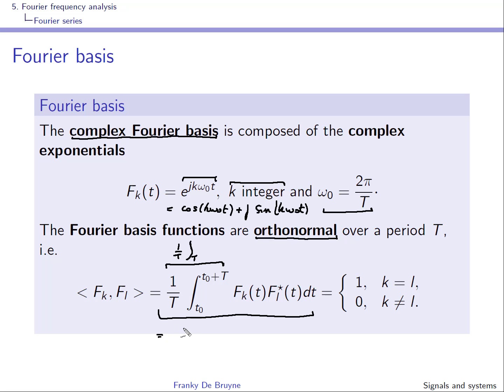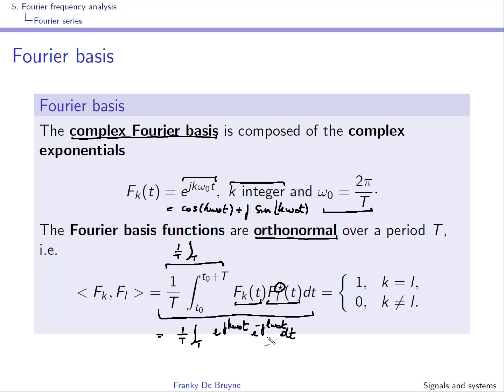Okay, so let's have a look at this expression. It's 1 over T, the integral over a period. This thing here is e to the j k omega 0 t, and for this one here, you have to replace k by l and take the complex conjugate, so you'll have e to the j l omega 0 t, but you have to put a minus sign because of this complex conjugate.